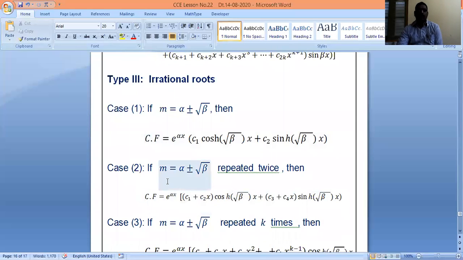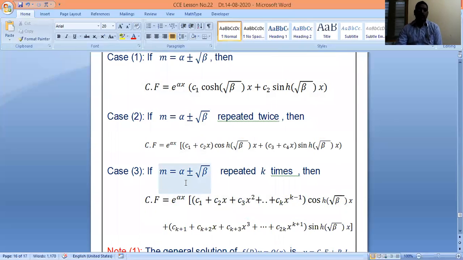Case 2, if m is equal to alpha plus or minus root beta repeated twice, then CF is equal to e^(alpha x) into [(C1 plus C2 x) cosh root beta x plus (C3 plus C4 x) sinh root beta x].